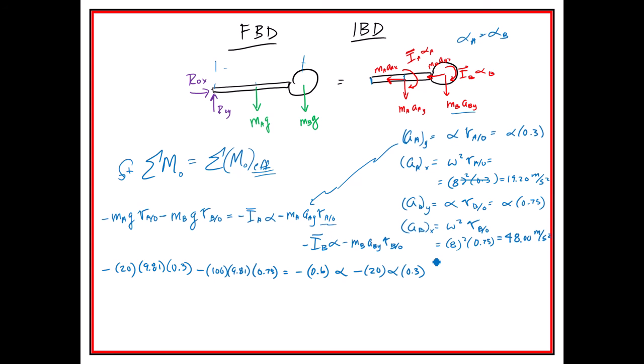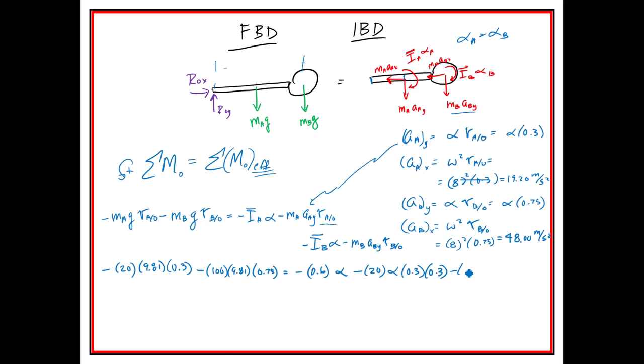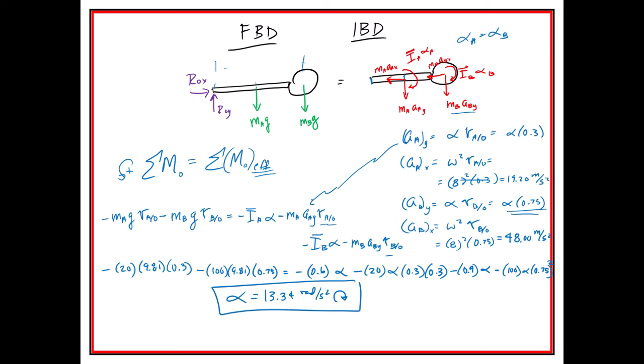And then minus I_B, which was 0.9 alpha, and then lastly minus 100 times alpha 0.75, but then again times 0.75 squared, and we end up getting an alpha of 13.34 radians per second squared clockwise, which is the same thing that we had up above.